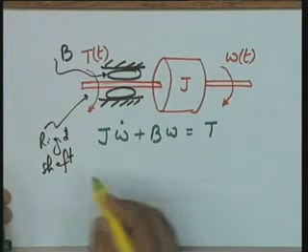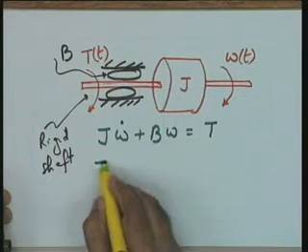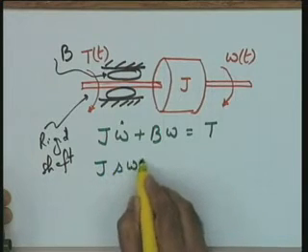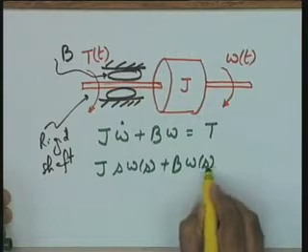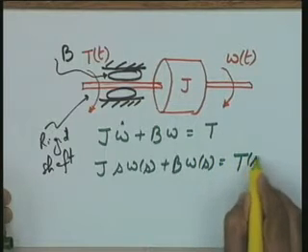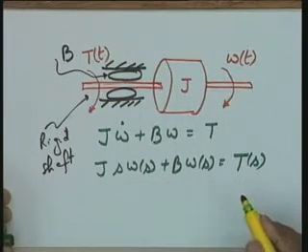The Laplace transformation gives me J s omega(s) plus B omega(s) equal to T(s). You will note, without specifically mentioning it again and again, the system under consideration will be considered as a relaxed system. That is why the initial conditions do not appear in this transformed equation.